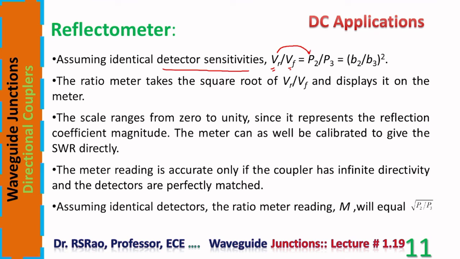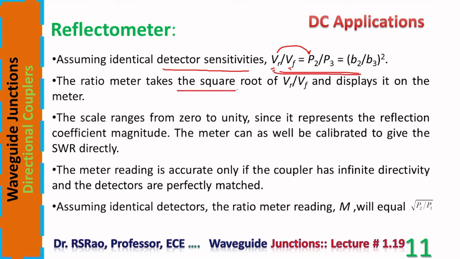So the input to the detector is power, and the output is voltage. Detectors are devices which obey the square law, and their output voltage is proportional to incident power. From that aspect, this relation has come into being. Of course, from the P2 to P3 ratio, one can easily reach the B2 by B3 ratio squared.